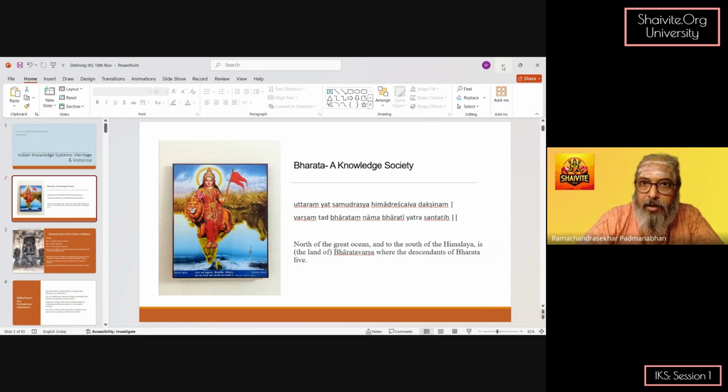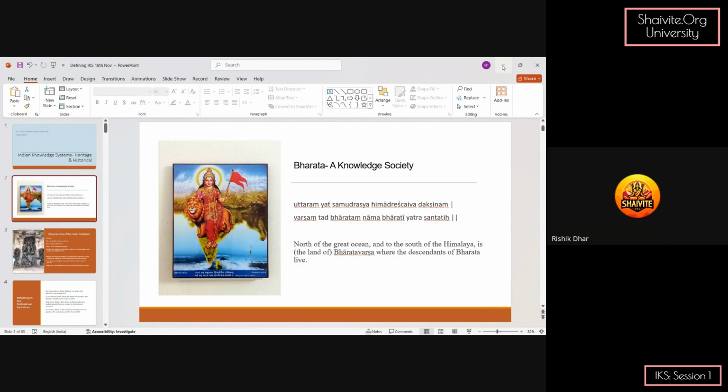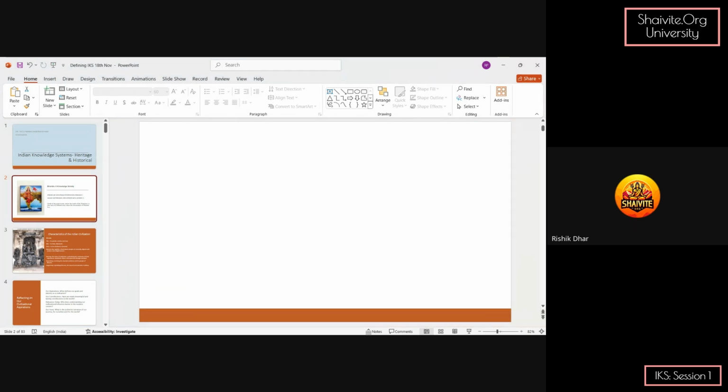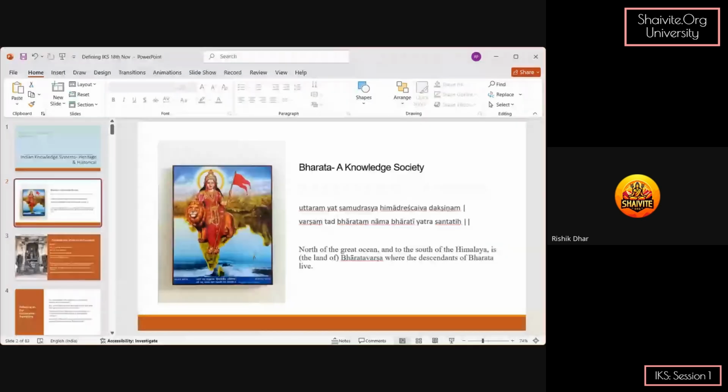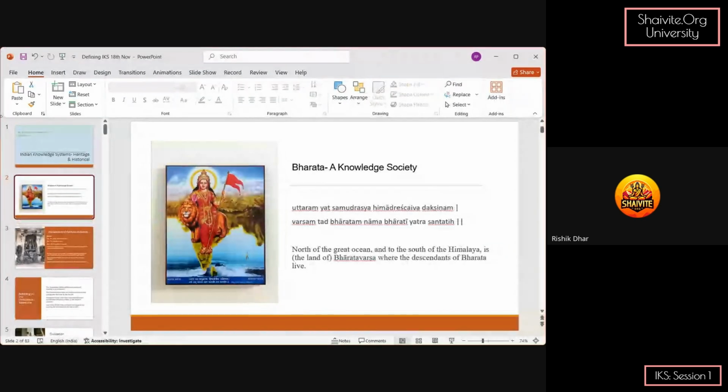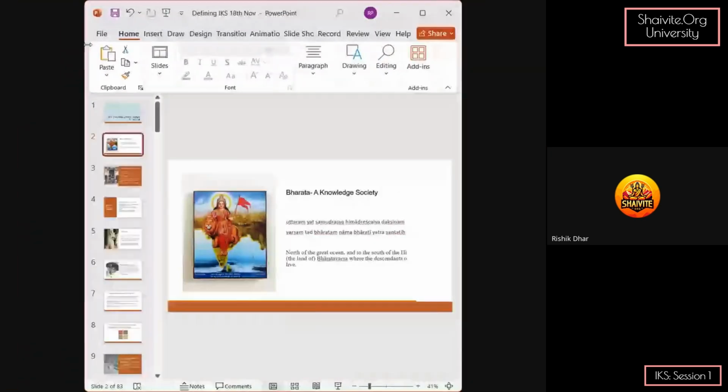So how do I do that? You can reduce the size of the browser window by dragging the corner, and then the window where you have the presentation will become visible to you, and you can navigate on that window directly.